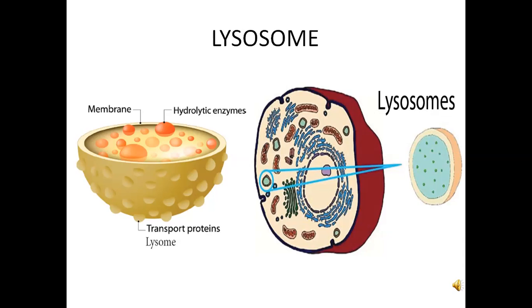They lyse a cell, hence they are called suicidal bags. So, the structure of the lysosome is given here. The parts of the lysosome are membrane, hydrolytic enzymes and transport proteins. And the lysosome is a very small particle.